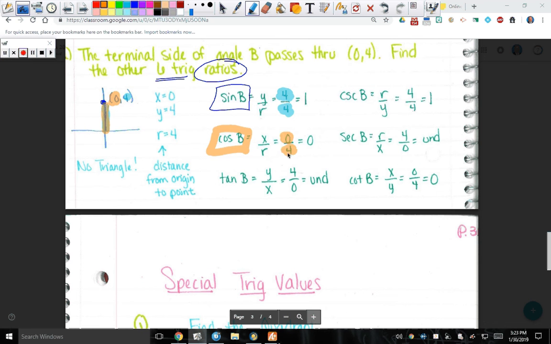Can you do 0 divided by a number that's not 0? You can. You can do 0 over any number, as long as this number down here is not 0, then it will be 0 as an answer. But can you divide by 0?